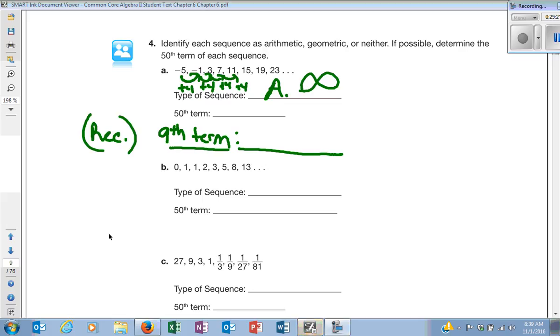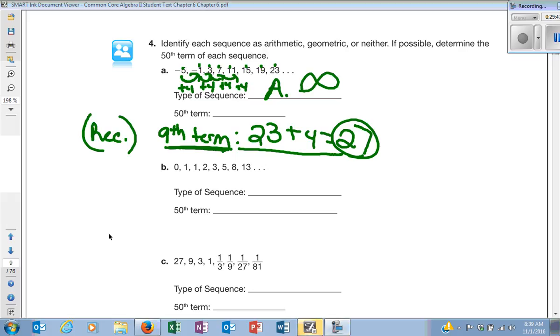Why? Because they gave me 1, 2, 3, 4, 5, 6, 7, 8. So if I want to find the 9th term, all I have to do is take 23 and add 4 to it, and I realize 27 is my 9th term. It's really fast and really easy for me to use recursive because it's not that far away. And it's faster.